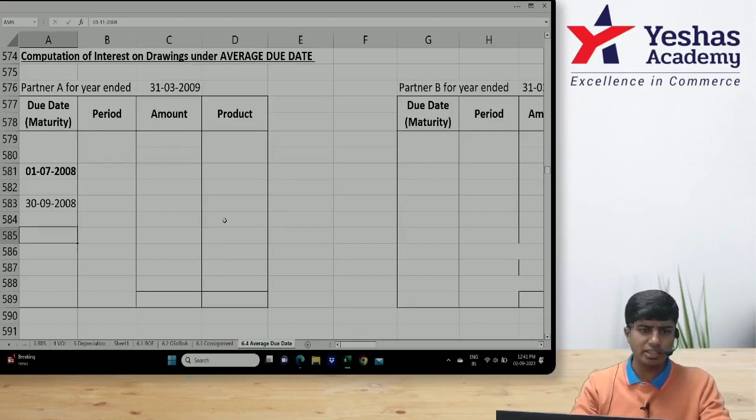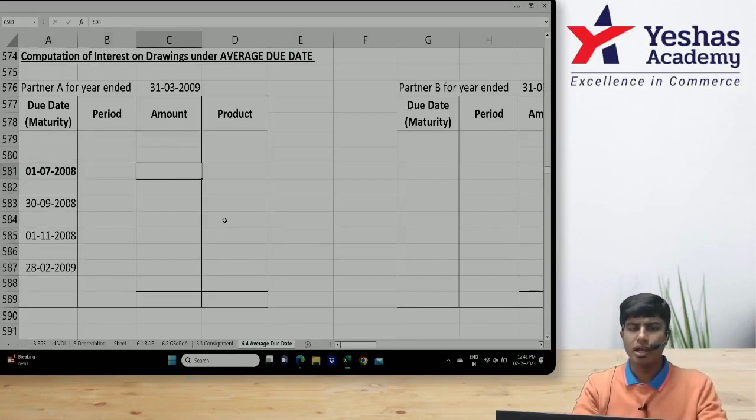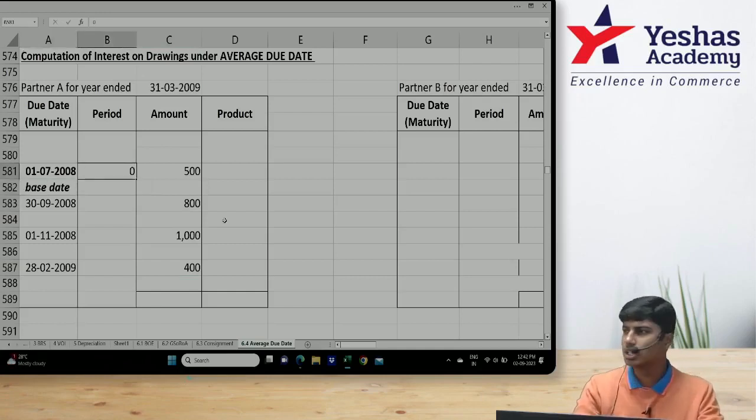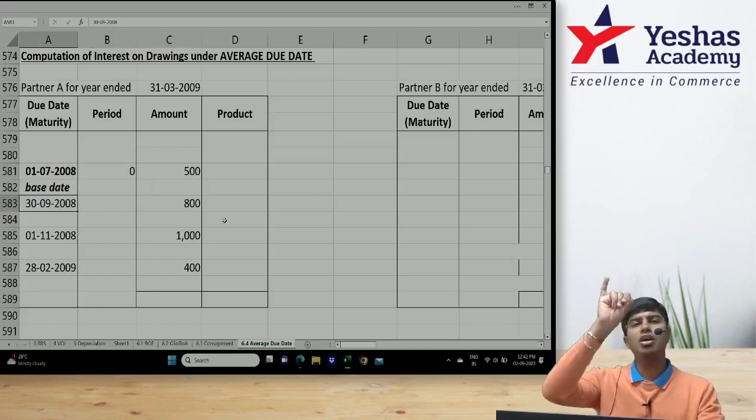Dates are 1st July, 30th September, 1st November and 28th of February. And amounts are 500, 800, 1000 and we will take 1st of July as base date. 1st of July to 1st of July, 0. 1st of July to 30th of September: July, August, September.